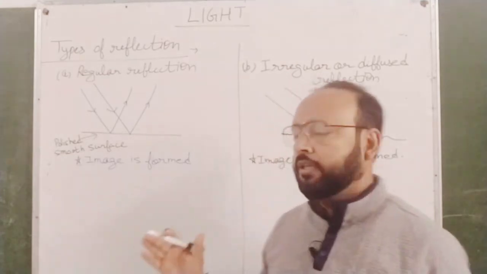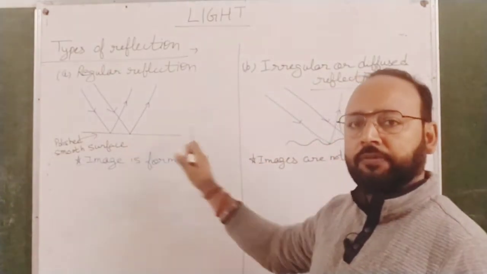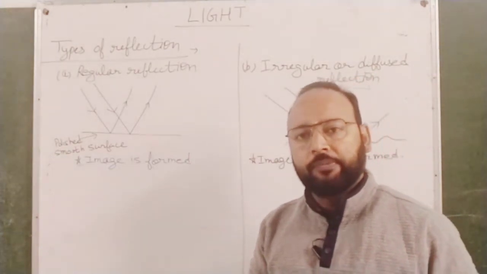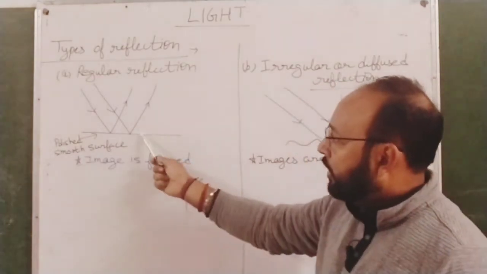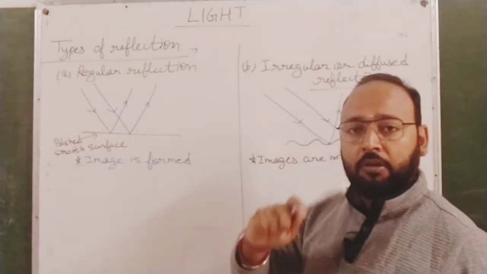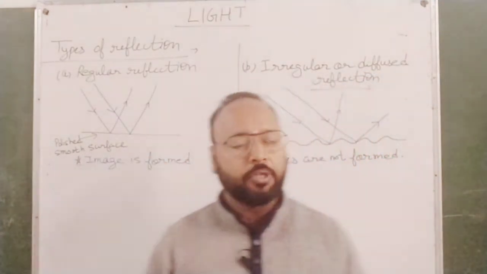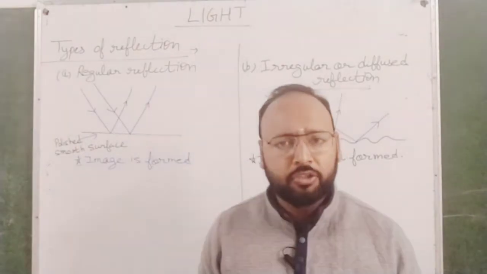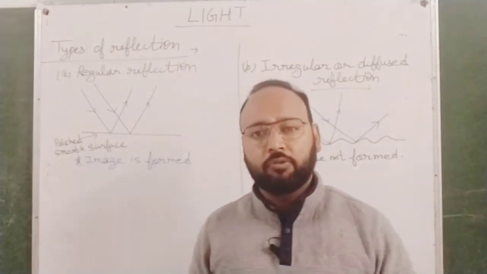The reason behind this is that in regular reflection the rays move parallel after striking the surface, while in irregular reflection they are not moving parallel after reflection. But very important, we have done in the laws of reflection that the angle of incidence is always equal to the angle of reflection. But here, can we say that the angle of incidence is not equal to the angle of reflection, even though we said in the laws of reflection that they are always equal?